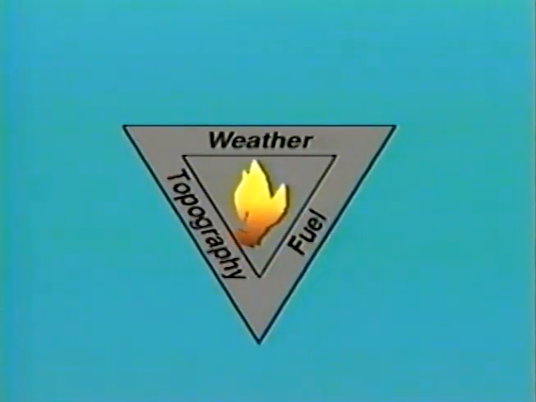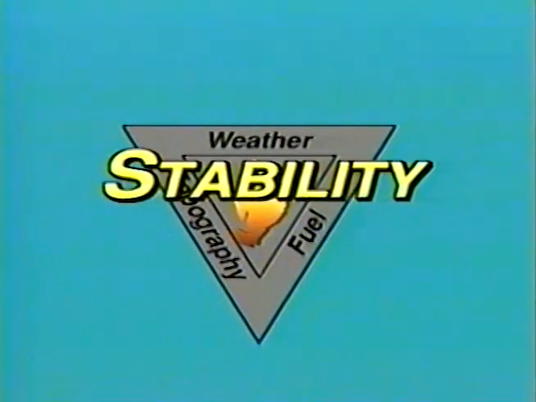In this unit, we will discuss the second weather factor, atmospheric stability and observation of its indicators. An air mass that is unstable or in transition from stable to unstable provides the potential for a fire to develop vertically and grow rapidly.